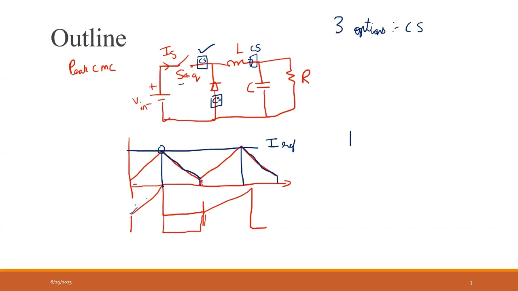Because in that we have the rising slope of the inductor current, and when the inductor current reaches the maximum value, we want it to stop rising, so we have to switch it off. That is why we use high side current sensing for peak current mode control.